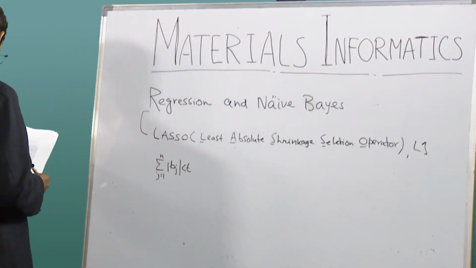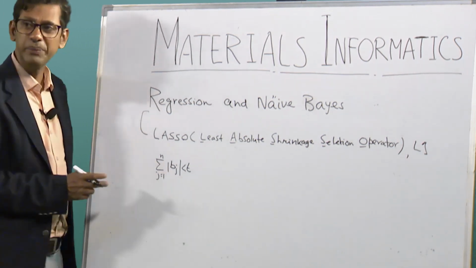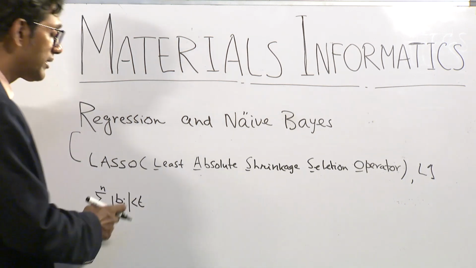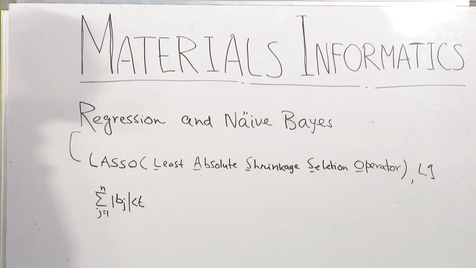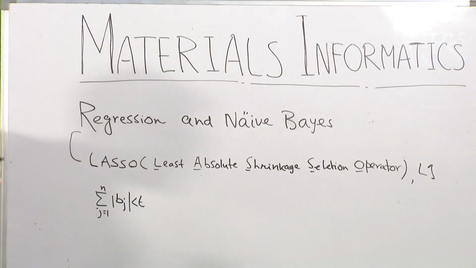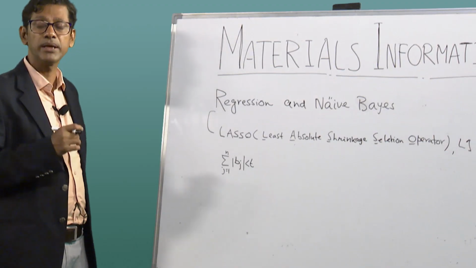So, what are we doing? We are saying the summation of all the values of b, the b's being the coefficients of the regression model, when you take the mod value, it must be less than a preset value. That preset value you can always provide to the model.